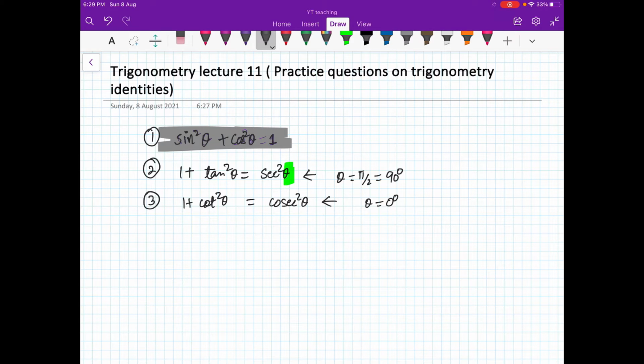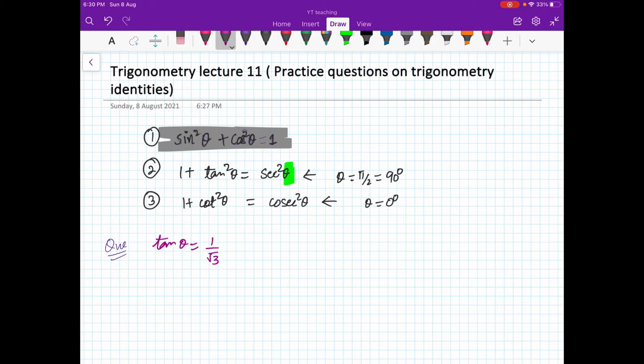Okay, so what is the usefulness of these identities? Suppose I give you that tan of an angle theta is equal to 1 by root 3.